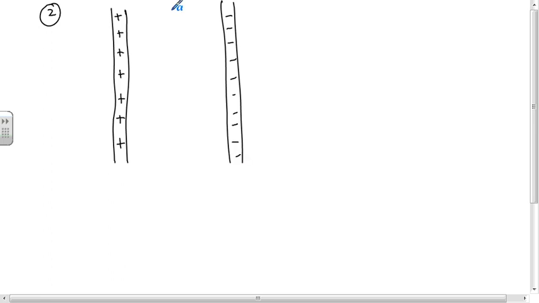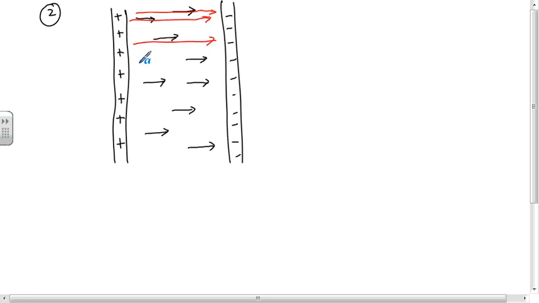Then in between these two plates, this is the cool thing about it, all of these electric field vectors are the exact same length, no matter where you are between these two plates. And the direction always goes straight from the positive plate to the negative plate.